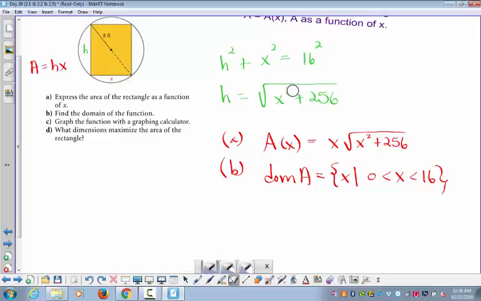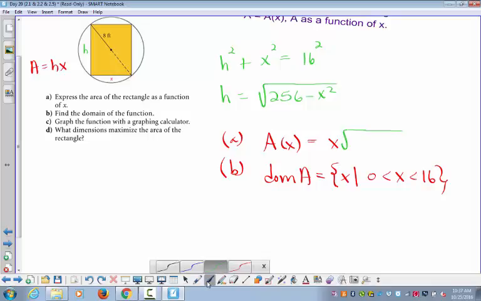Yeah, something looked very fishy on that graph. That did not make sense. The area could not have been maximized when x is 16. When x is 16, we get a line segment and no area. All right, so it should be 256 minus x squared, and so I'll put 256 minus x squared in there. Yeah, that's better.